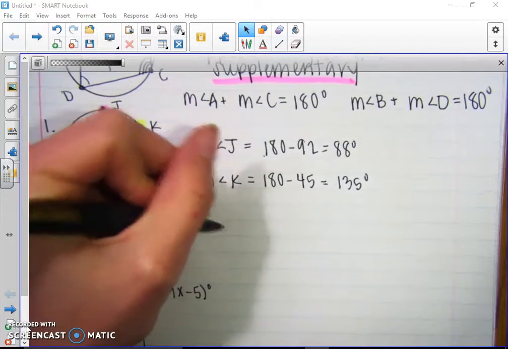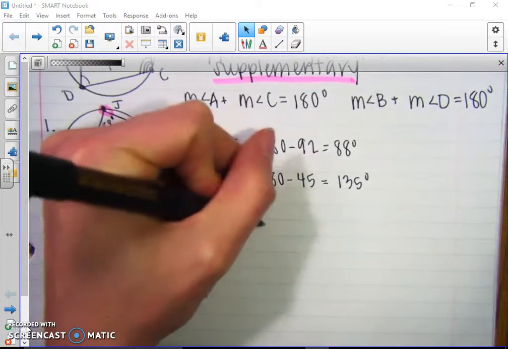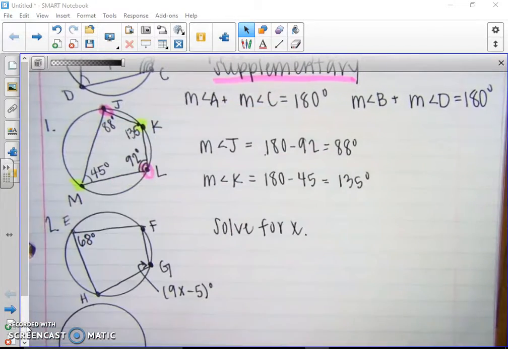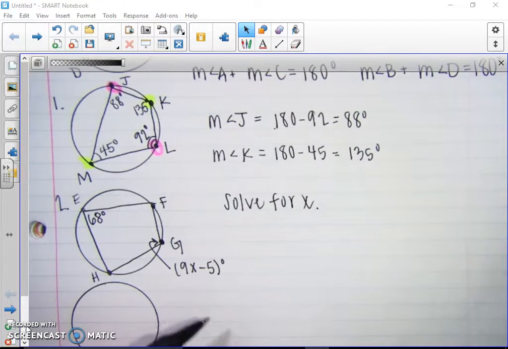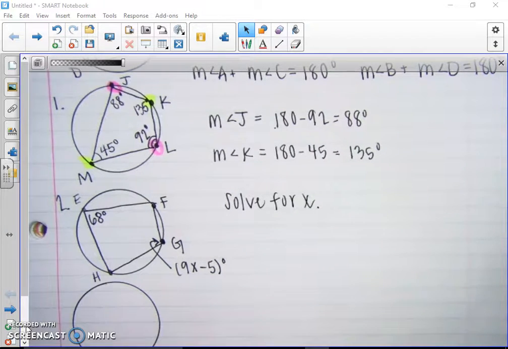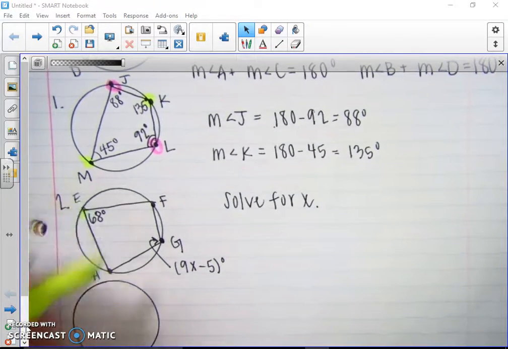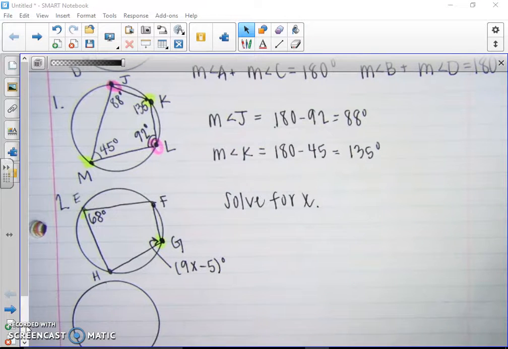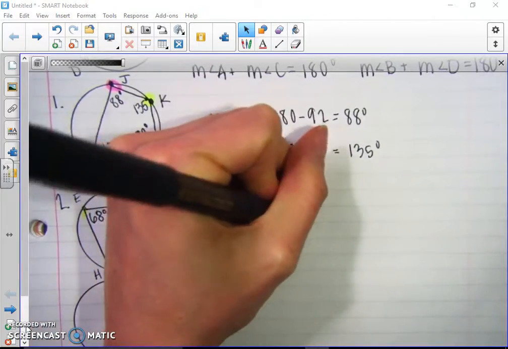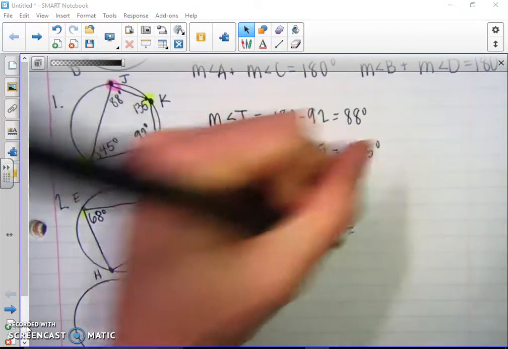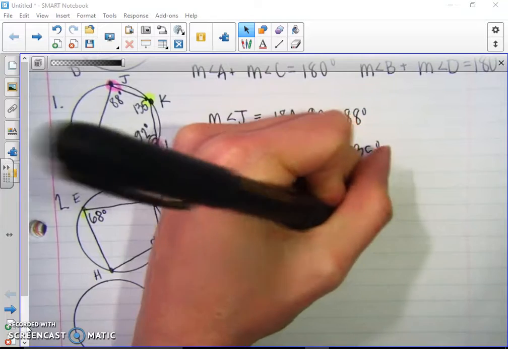They're going to say solve for x. I'm not even asking you to identify all of the angles, we're just going to solve for x. So how could we use this information to solve for x? Thankfully, E and G are opposite each other, and we know that opposite angles of quadrilaterals inscribed in a circle are supplementary. So this angle 68 plus this quantity, 9x minus 5, must be equal to 180.